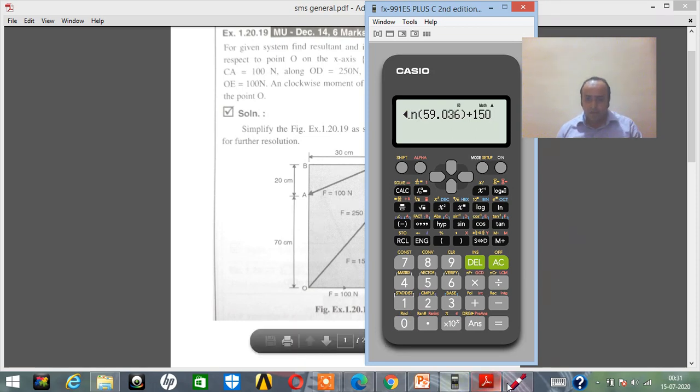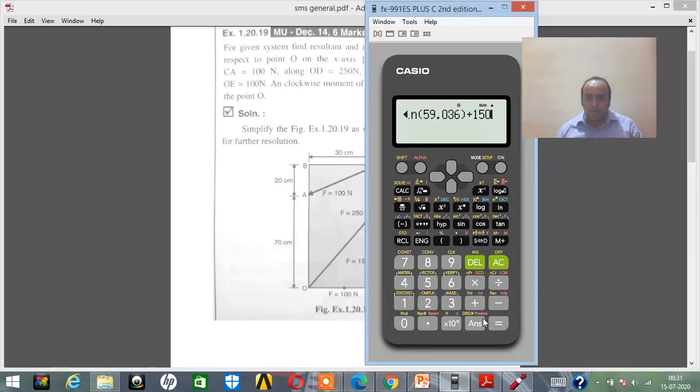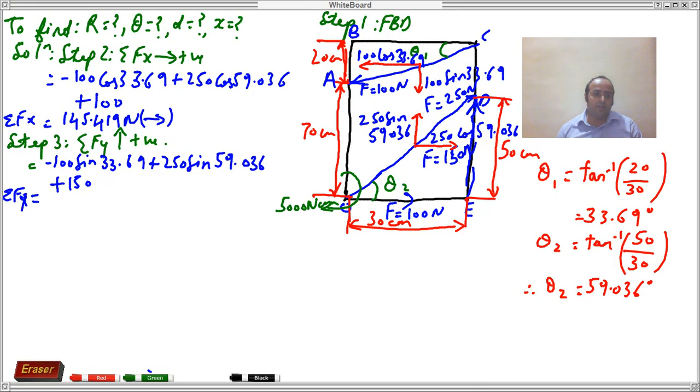Let's just cross check the value. 59.036 is the right. So the value that comes out over here is 308.902, positive, of course. 308.902 Newton acting in vertically upward sense.